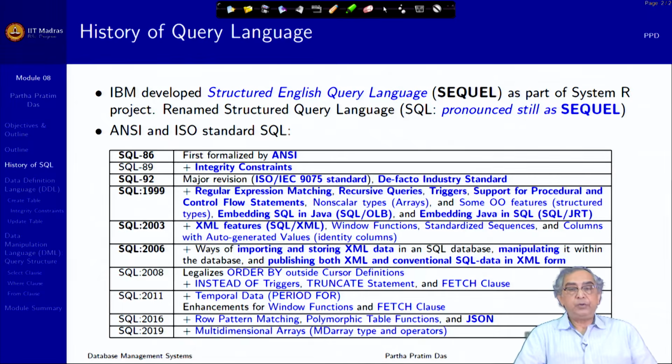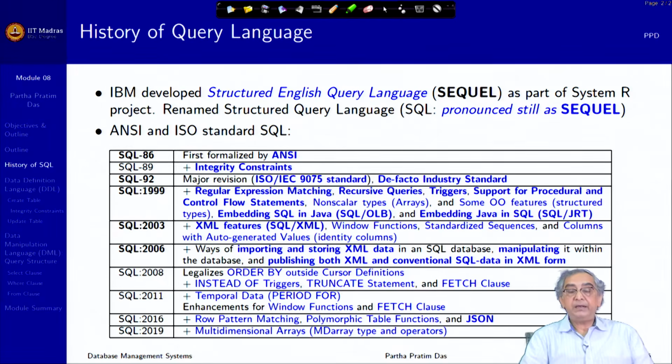Then naturally, as you know, every language which needs to be used across the world need to be standardized. So, several standardization efforts started. First, the SQL 86, which was made ANSI, that is it was made an American standard, American National Standards Institute.